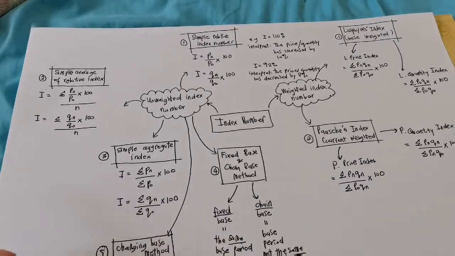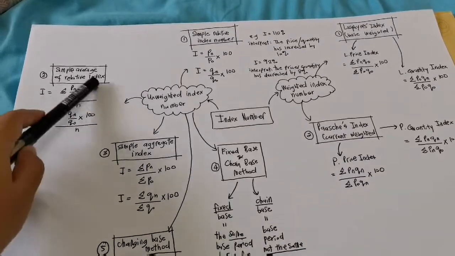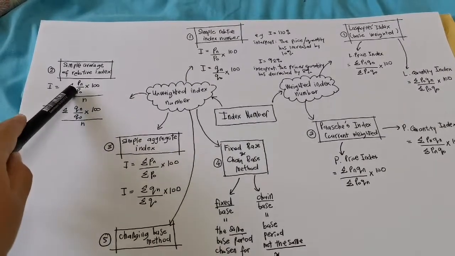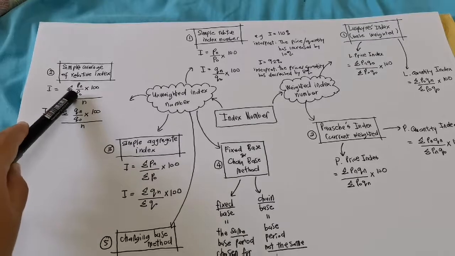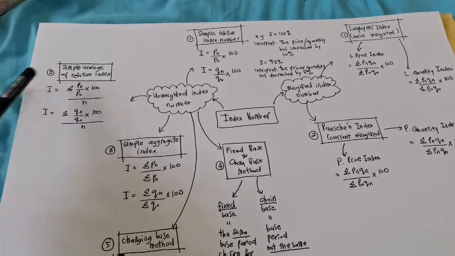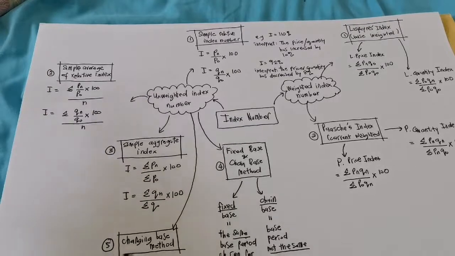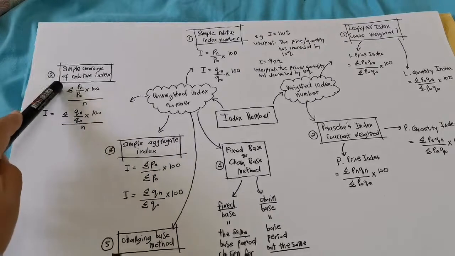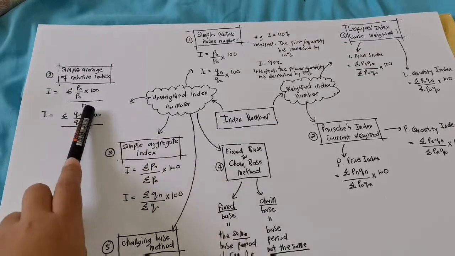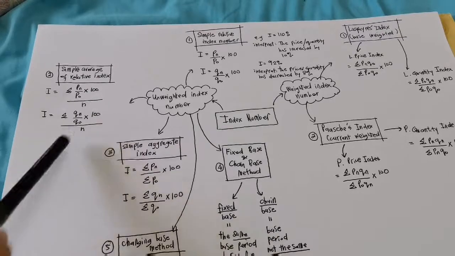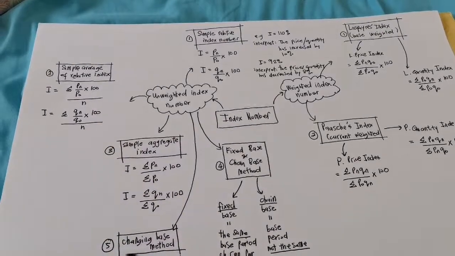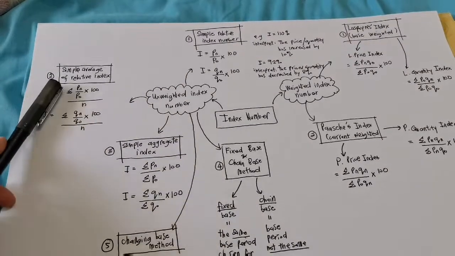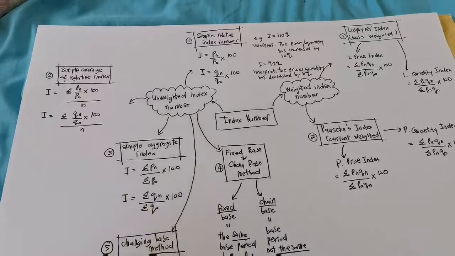You have to find the index number for each item one by one: nasi lemak, nasi minyak, nasi ayam, for example. So if we have 3 items, we will be dividing by 3. That is how you calculate the simple average of relative index.